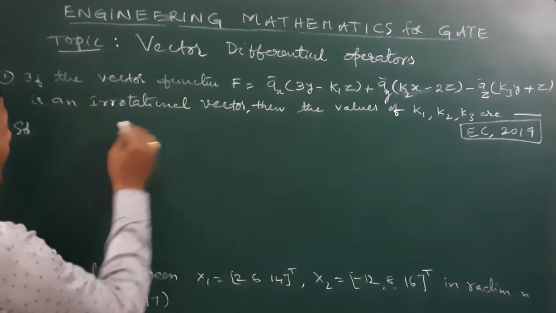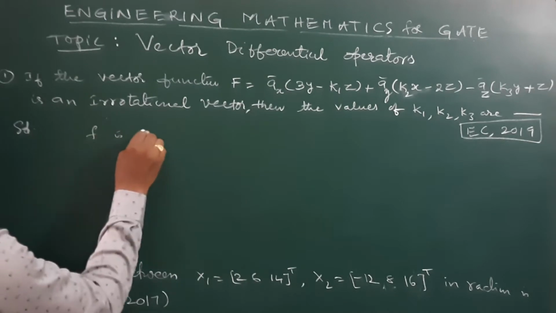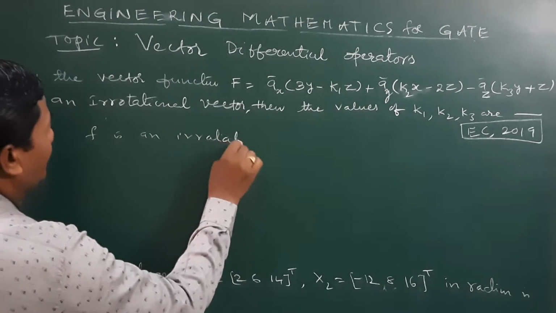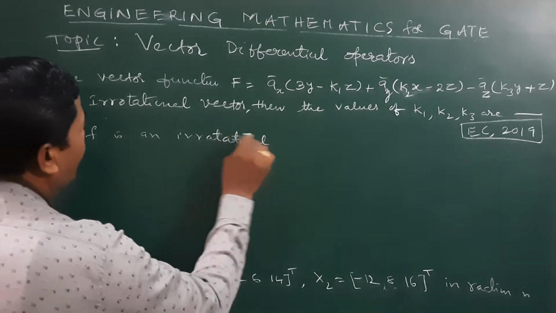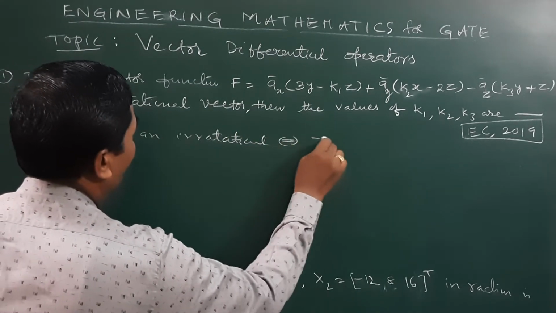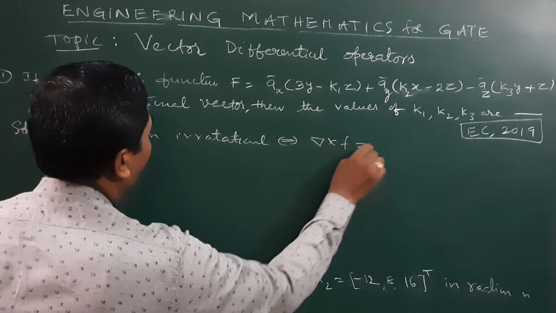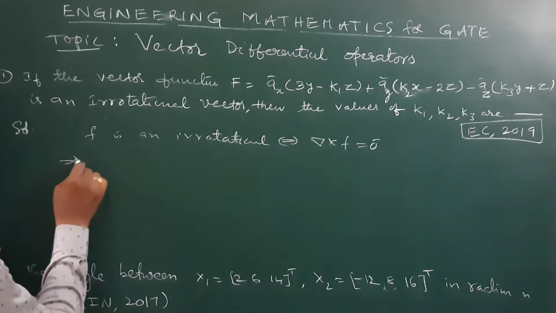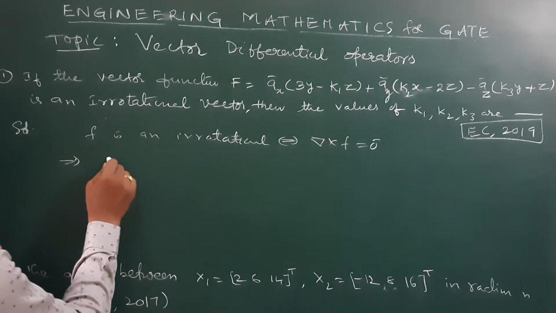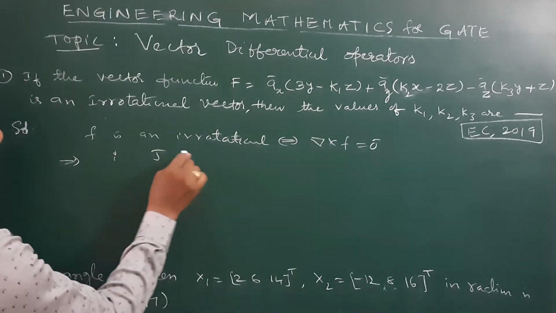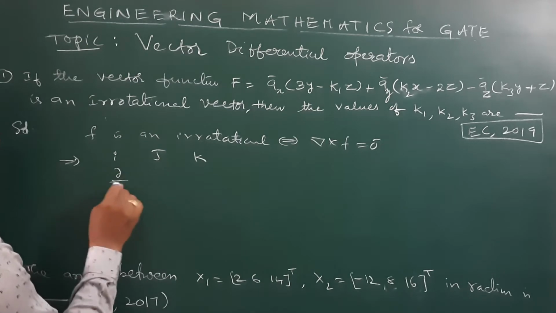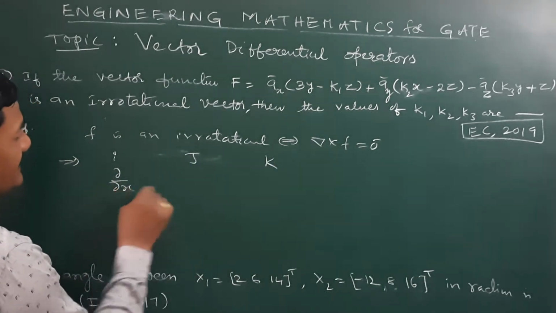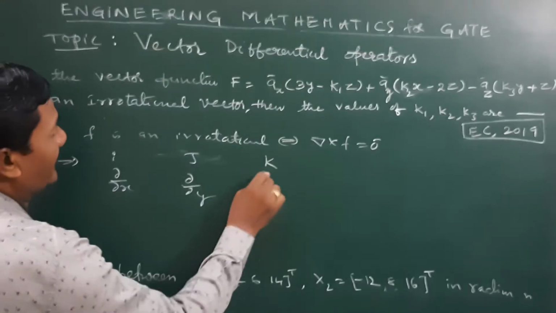F is irrotational if and only if del cross F is equal to 0 bar. What is the meaning here? The determinant with rows i j k, del by del x, del by del y, del by del z, and F1, F2, F3.